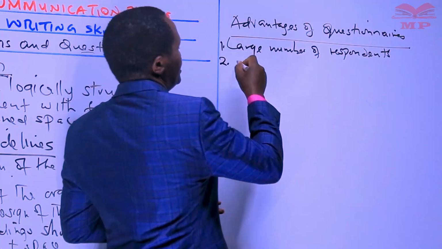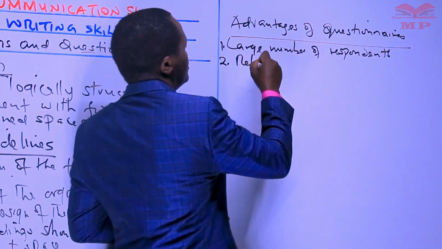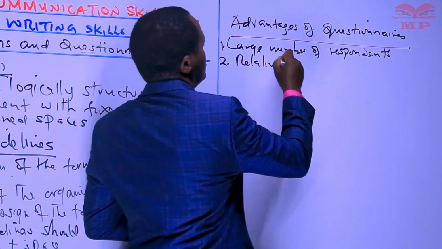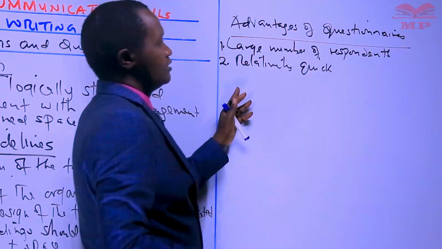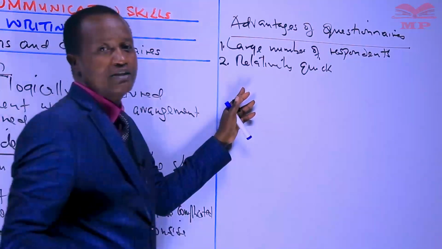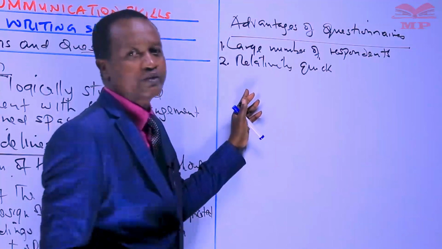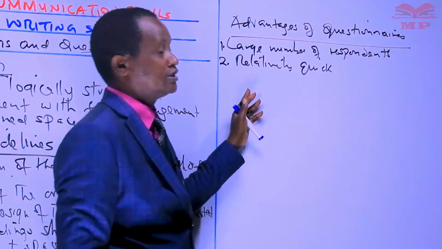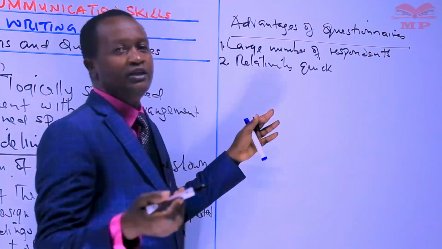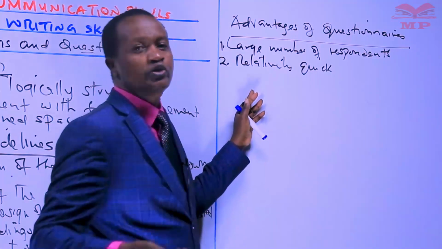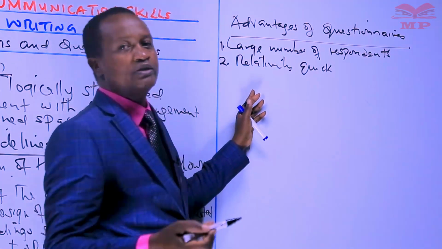Number two, questionnaires are relatively quick and easy. Obtaining data using questionnaires takes a shorter period of time. It is easy to create questionnaires, easy to do coding, and easy to interpret, especially if they are closed questions.